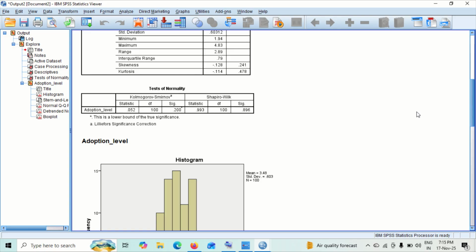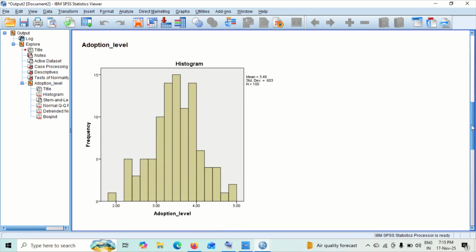And again moving to the histogram. Here we can see the histogram of adoption level. The data appear roughly symmetric and somewhat bell-shaped. Therefore, it's suggesting a normal distribution. Here the mean value is 3.48. Standard deviation is 0.603.